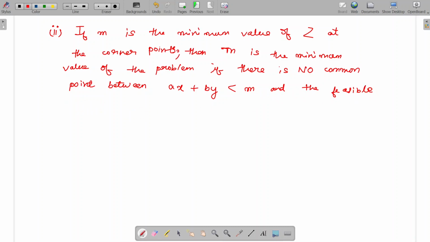So suppose there is no common point between this inequality and the feasible region, that means the minimum value of Z at the corner point is the actual minimum value of the problem, okay, otherwise there is no minimum value of the problem, okay.